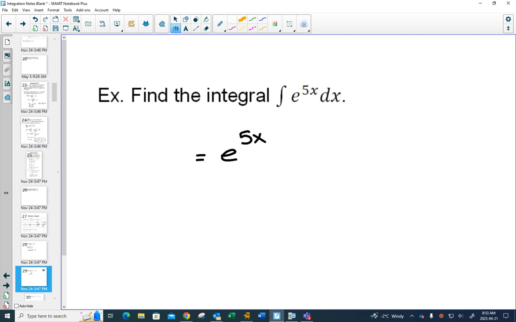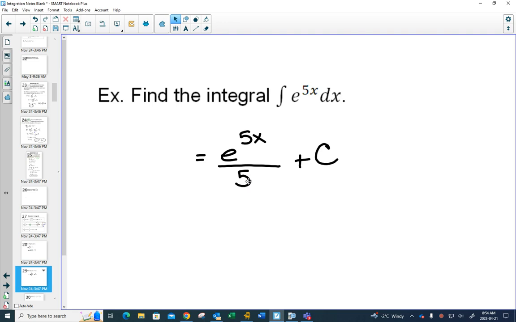So the derivative of e to the x stays the same, but since there would be a chain rule where you multiply, here we're going to have to divide. And of course, for all indefinite integrals, you have to write plus C.